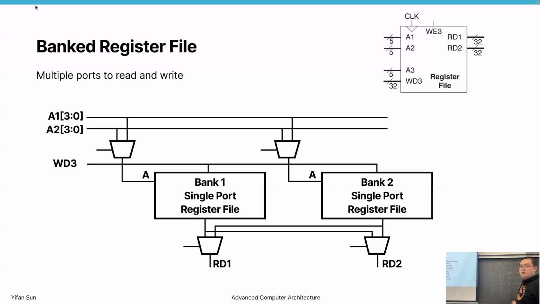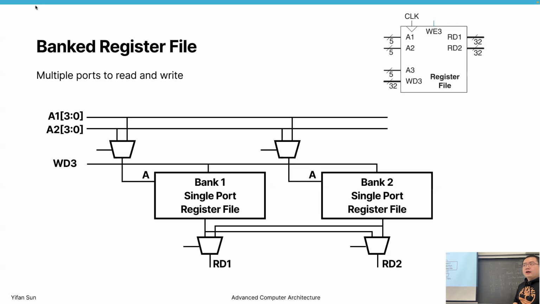Because you have a conflict in the bank you want to read, the bank cannot serve 2 transactions at the same time. It has to wait a little bit to get another register read transaction completed.